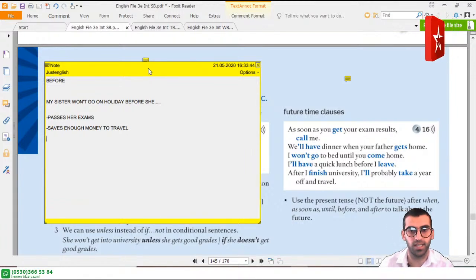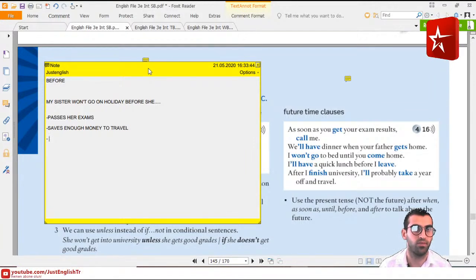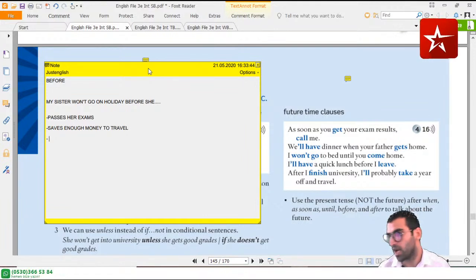And next idea, if you have any idea to add to the sentence, I can write. My sister won't go on holiday before she passes her exam. She saves enough money to travel.